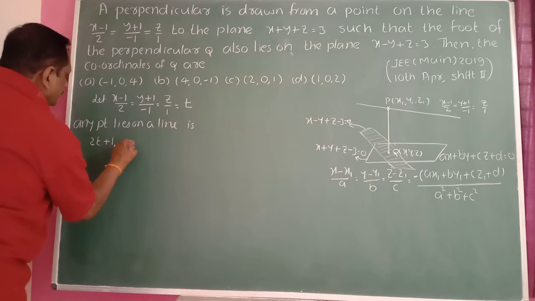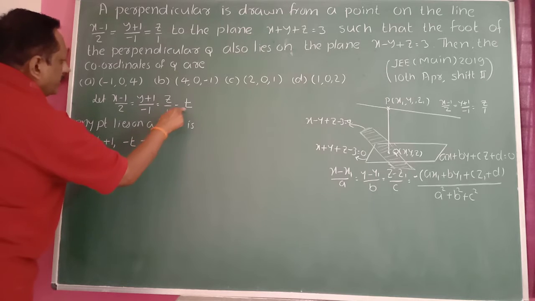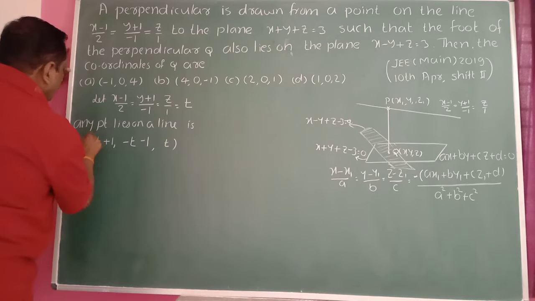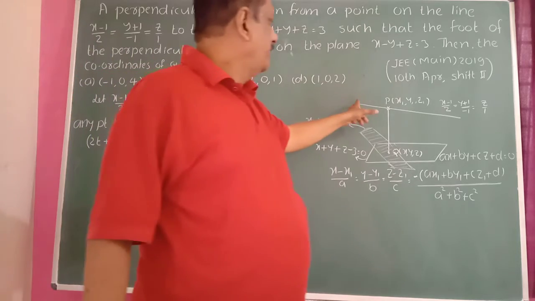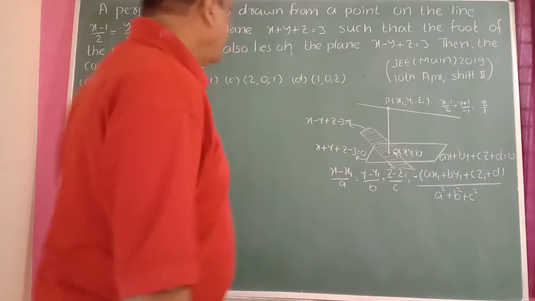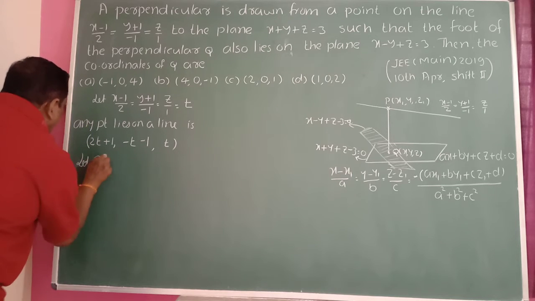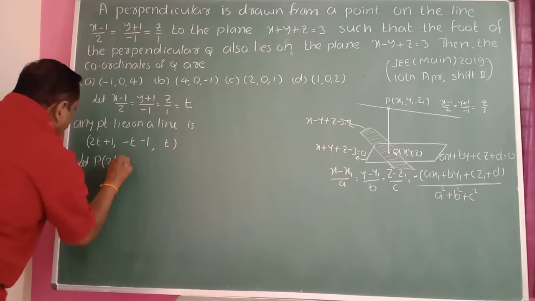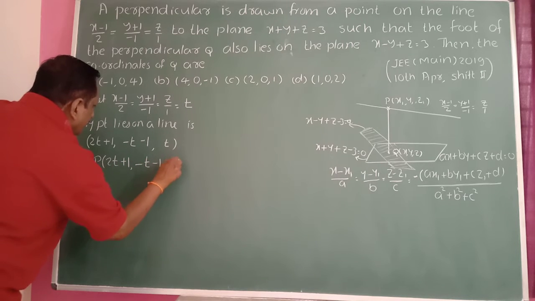Minus 1 into t becomes minus t. Take plus 1 to the right hand side, minus 1. 1 into t becomes t. This is the point that is on the line here. For different values of t, you will get different points on that line here. Consider this point as P itself here. Let P be (2t plus 1, minus t minus 1, t).